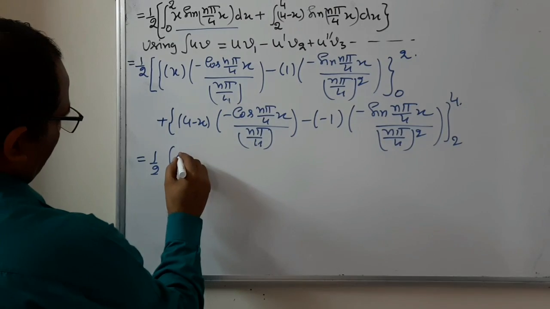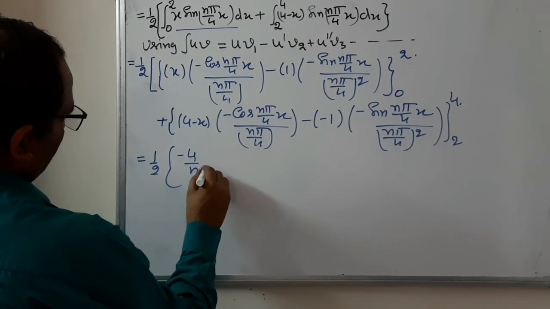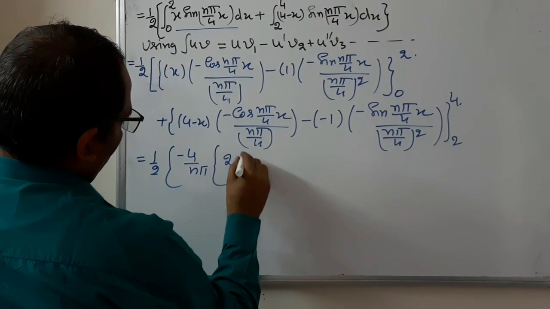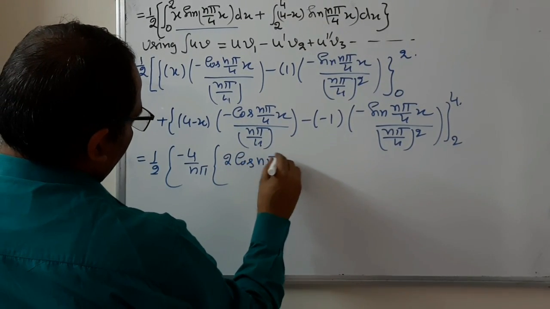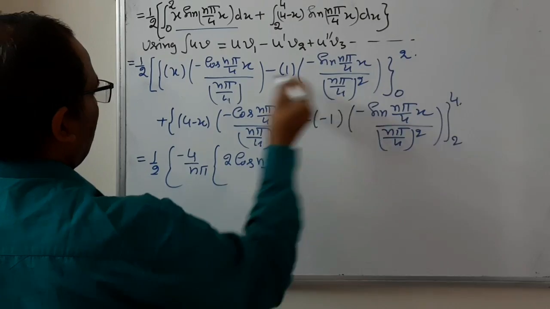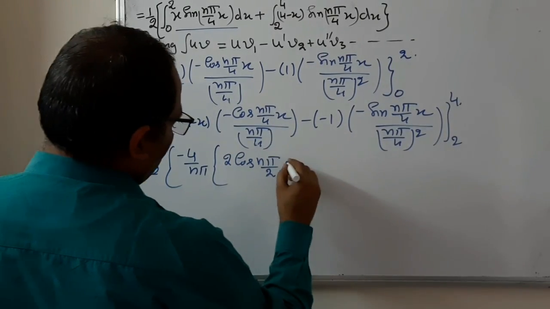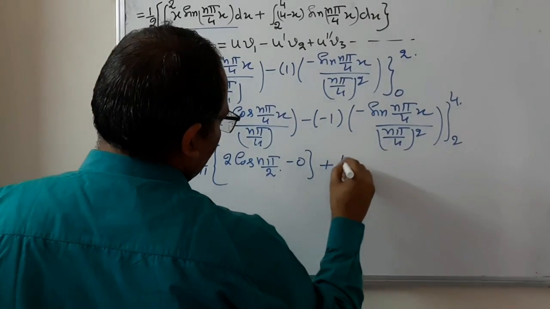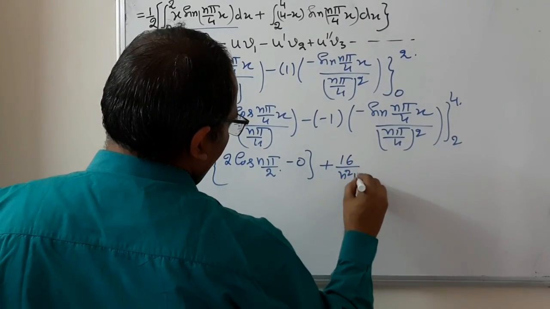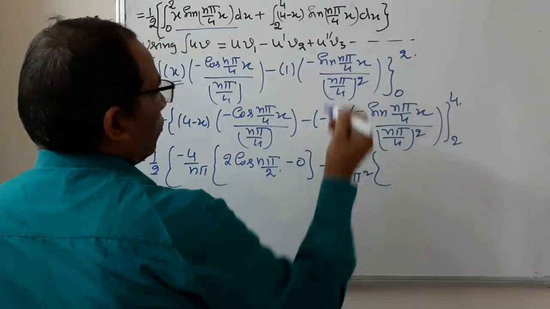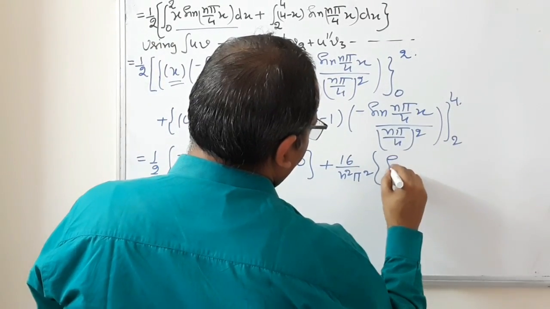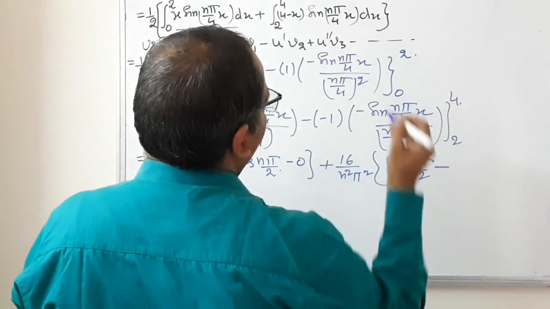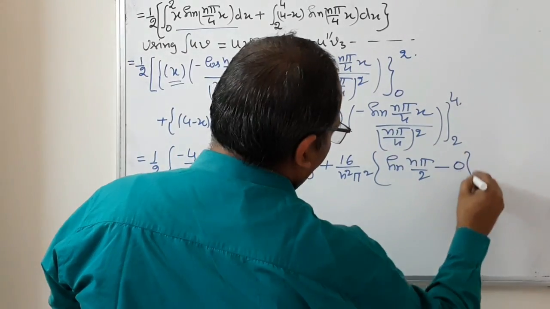Here take minus 4 upon n pi common. Put x equal to 2, so we get 2 cos of n pi by 2, and when we put 0, due to this x, that is equal to 0. And this minus minus plus 16 upon n square pi square, put here x equal to 2, that is sine of n pi by 2, and when we put 0, sine 0 is equal to 0.